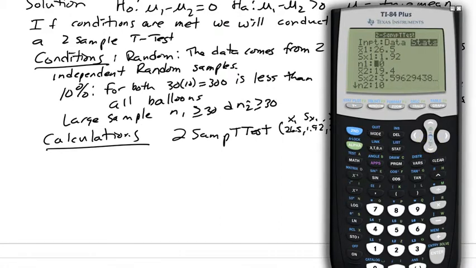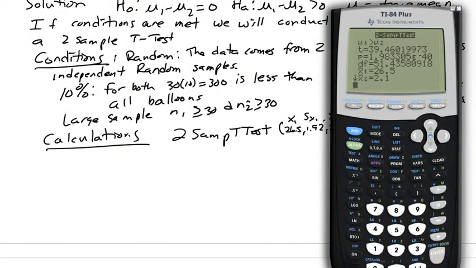We want greater than, mu sub 1 is greater than. For pooled, we always say no. Calculate.